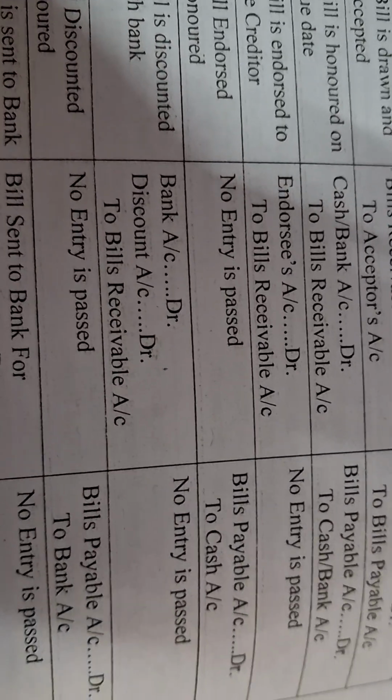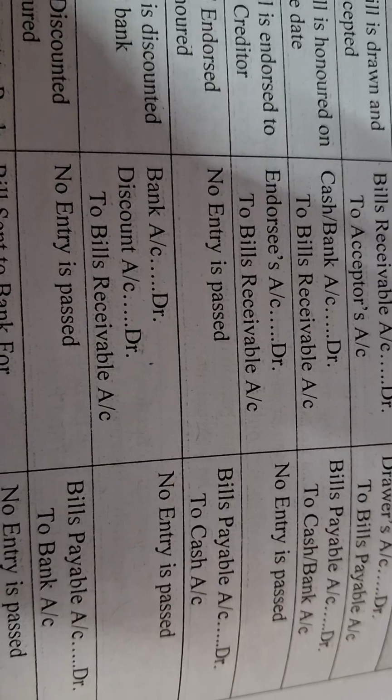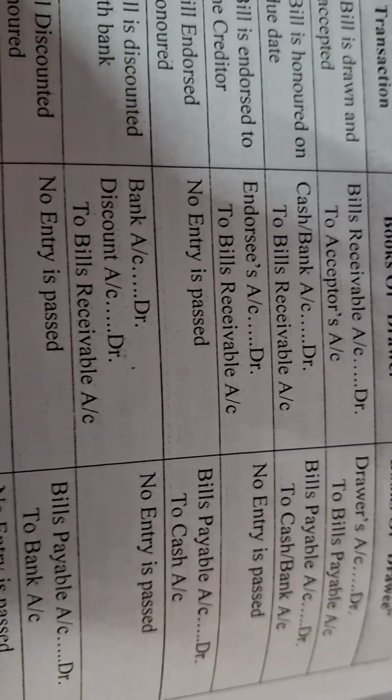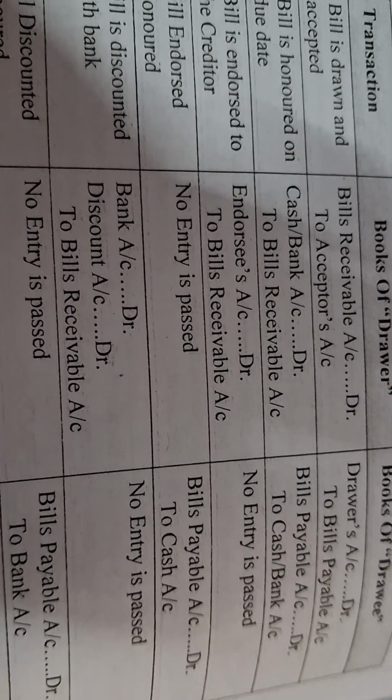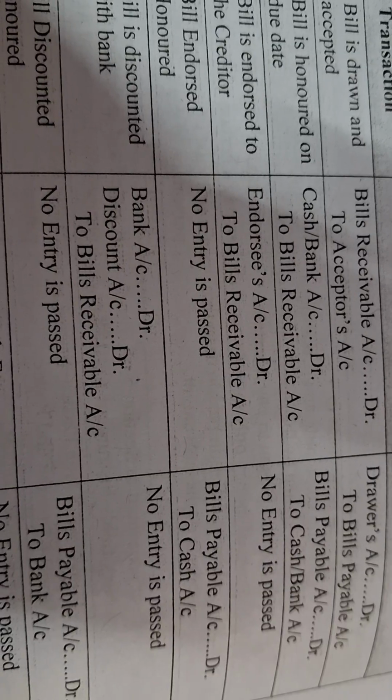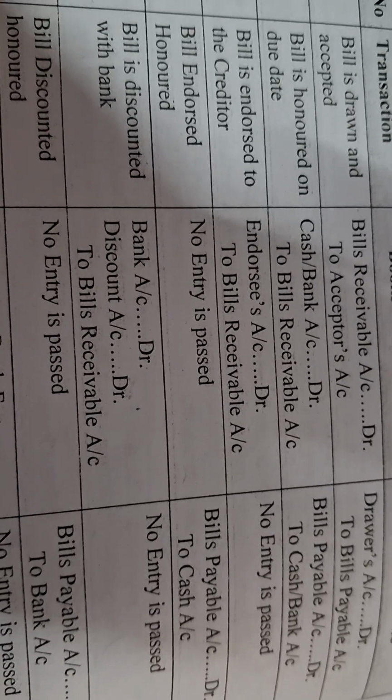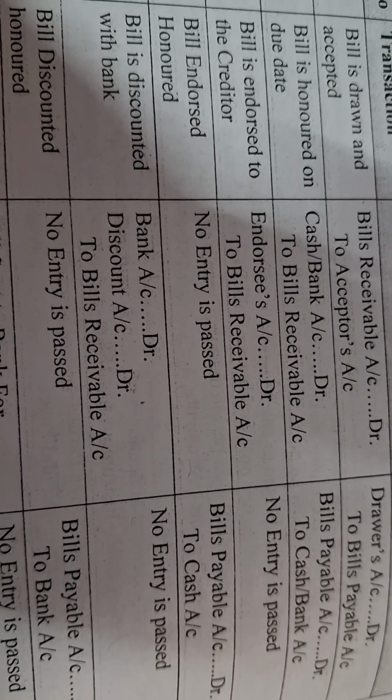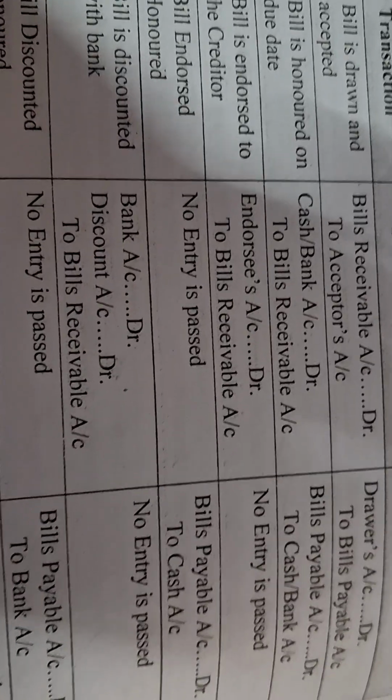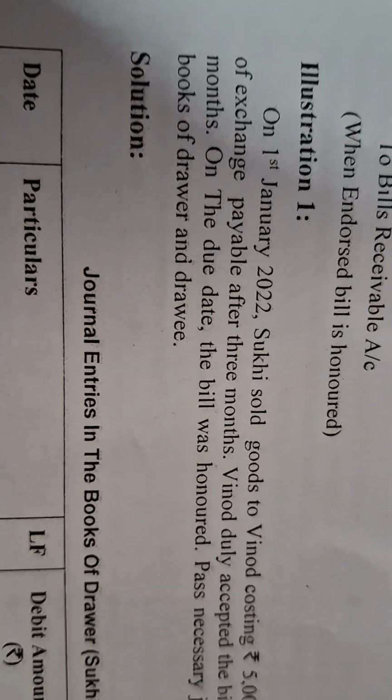At the time of dishonor, there won't be any kind of entry in the books of drawee, whereas in drawer's books it is bank account debit, discount account debit to bills receivable account. Is it clear? So by taking one example, we can discuss it.